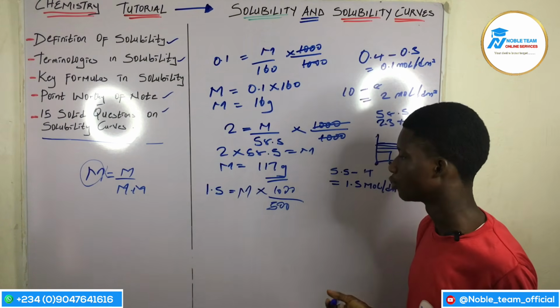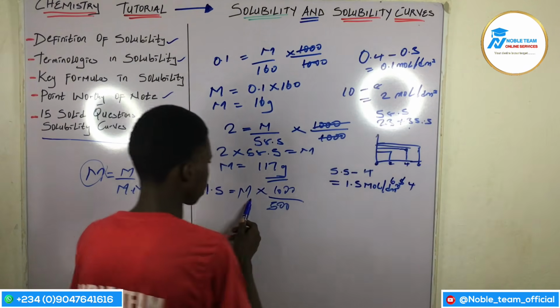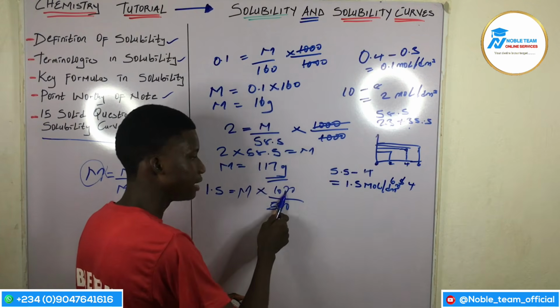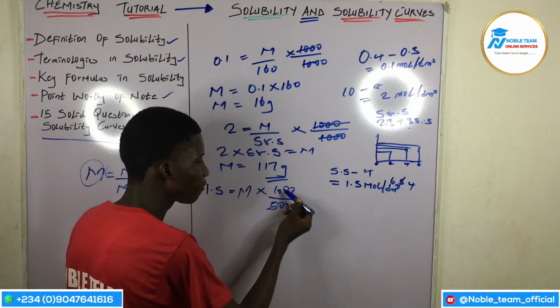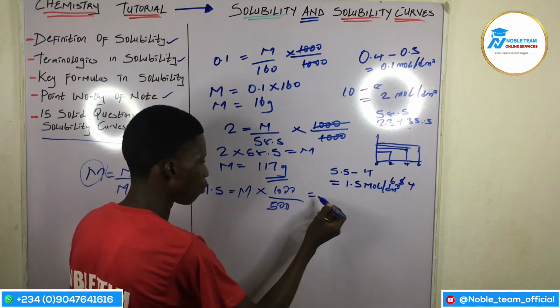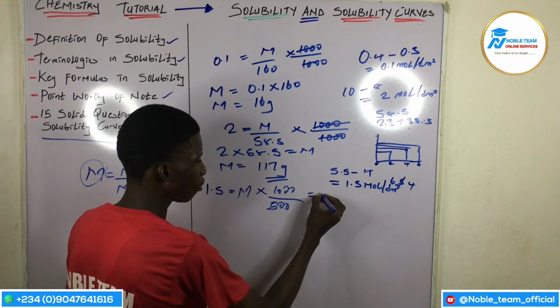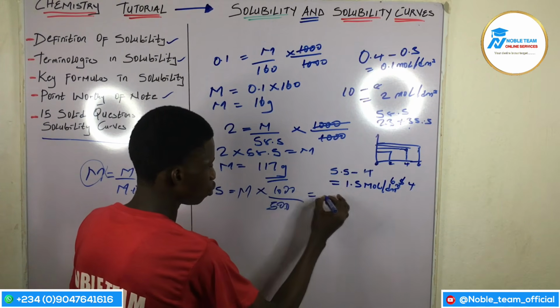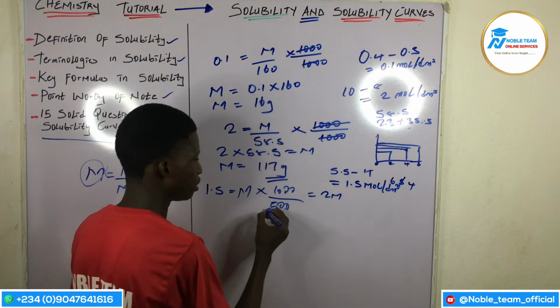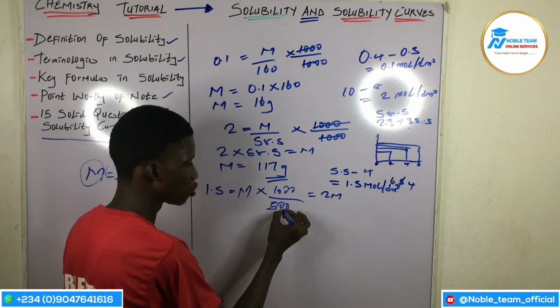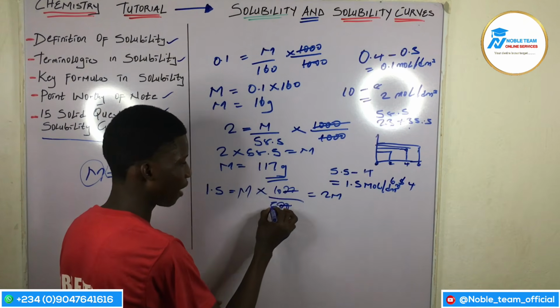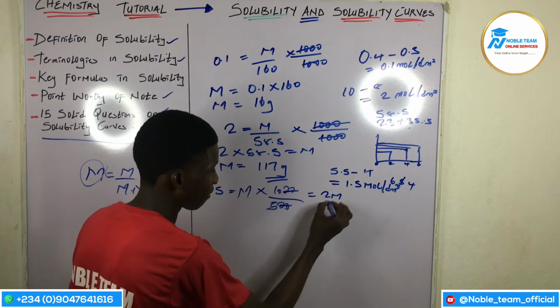Yes. Now let's move. So if we have this divided by this, it is now equal to 2m, because 1000 divided by 500 is 2.